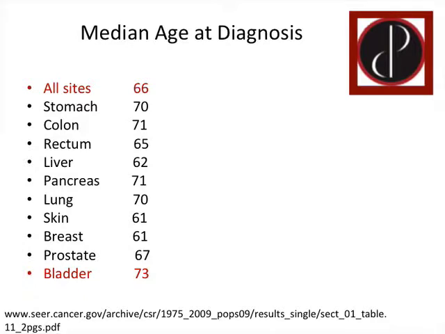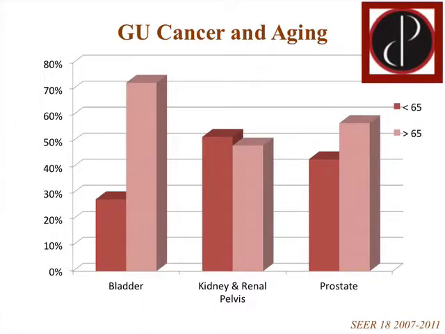If we look at the median age of all cancers, it's interesting that bladder cancer is kind of the oldest cancer. So if you look at colon cancer, the median age is 71, prostate cancer 67, and bladder cancer is 73. The other way to look at it is if you compare the ratio of patients who are more than 65 as opposed to patients who are less than 65, you will see that in bladder cancer the ratio is 70% to 30%.